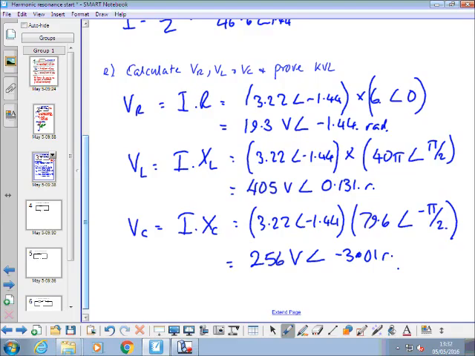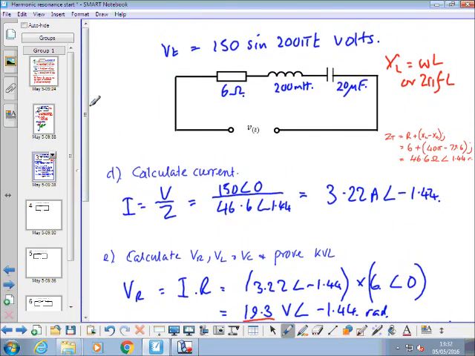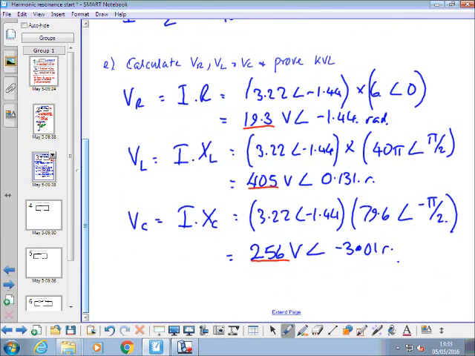Okay, so Kirchhoff's voltage law wise, we've got 19.3 volts, 405 volts, 256 volts. Adding all of them together certainly does not make 150, does it? So what do we need to do? Take into account the angles. What's the easiest way to do that?